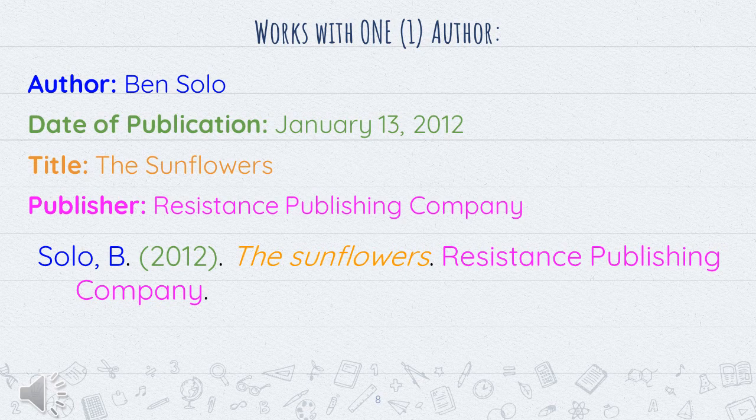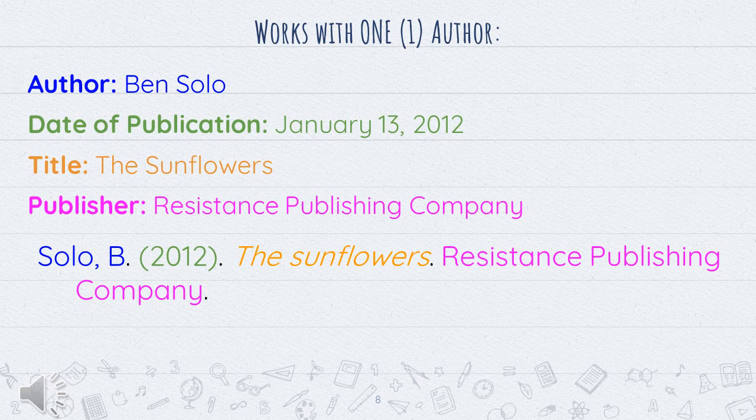Kagaya ng guidelines a while ago, dapat po ang naka-highlight ay yung surname. So, dahil si Ben Solo, ang surname niya ay Solo, comma, and then letter B, yung initial ng kanyang name, tuldok, and then the date of publication, the year lamang. Hindi na natin i-include yung month at saka yung day.